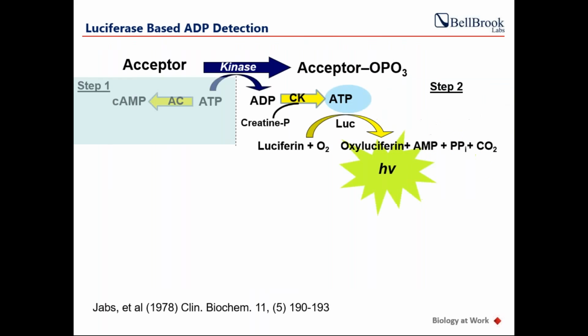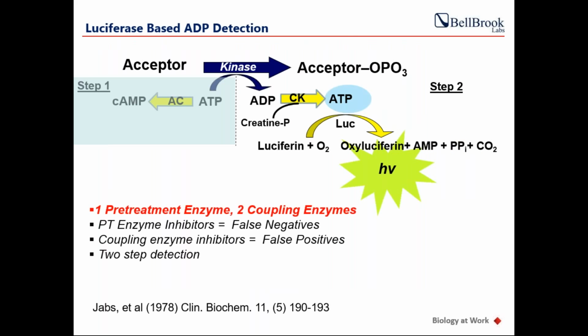So in these slides, which I'll put together quickly, this is the mechanism of luciferase-based ADP detection, as in Promega's ADP Glow assay. It involves one pre-treatment enzyme, which eliminates the residual ATP, an adenyl cyclase, and then two post-treatment enzymes, a creatine kinase, and then the luciferase, which results in the detection of the light-based signal.